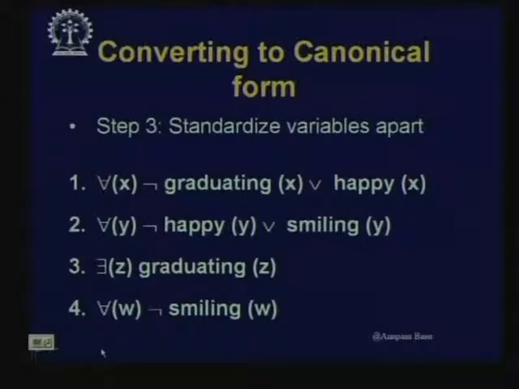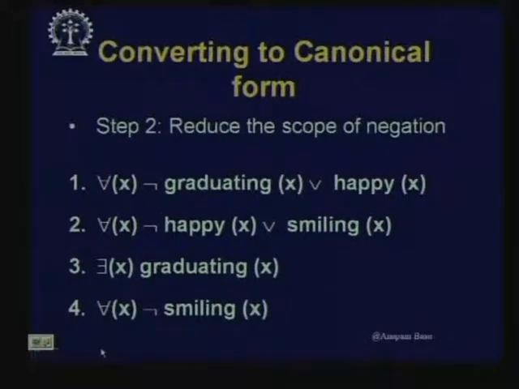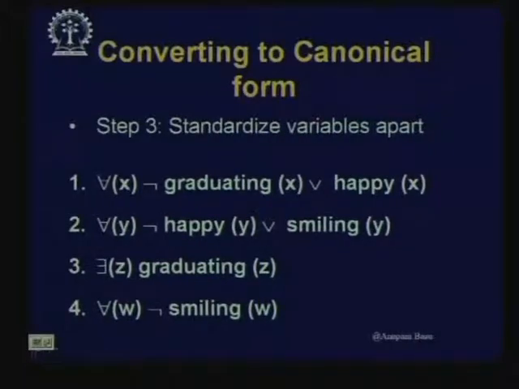Here you can see graduating x, happy x or smiling x. Here we have taken the liberty of using different variables. For all x, not graduating x or happy x, so this one has got x, this has got y.